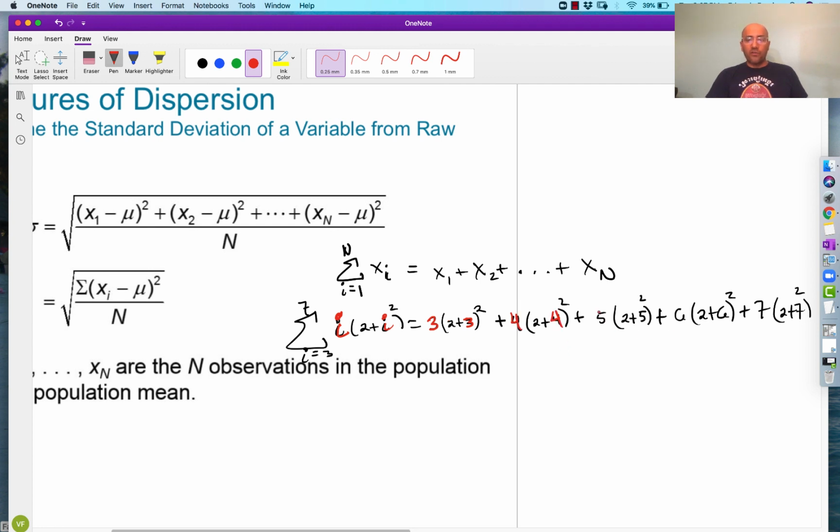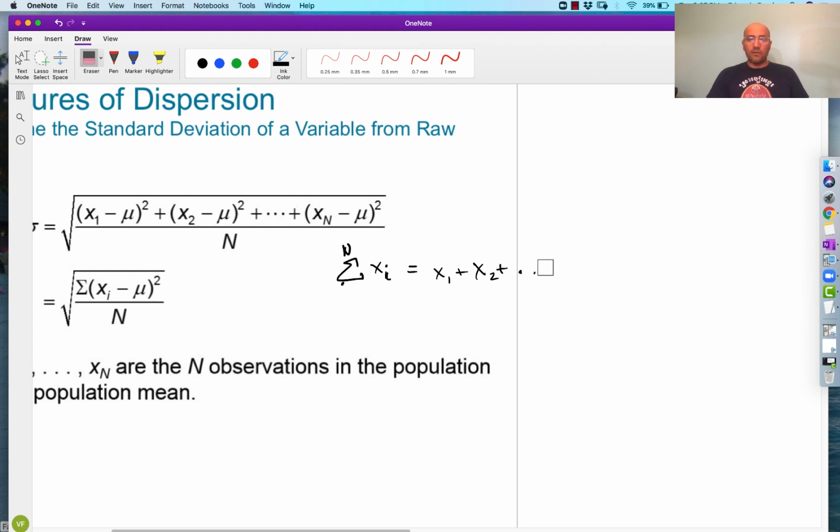Then we replaced all those i's with a 5. Then a 6. Then a 7. And we keep going this way, always adding. That's what this notation means, always adding. And we know when to stop by this number up here. Good. Hopefully that clarifies it or refreshes your memory on sigma notation.